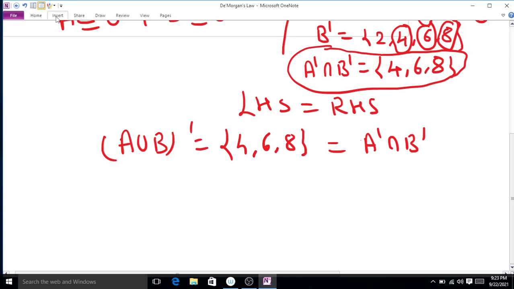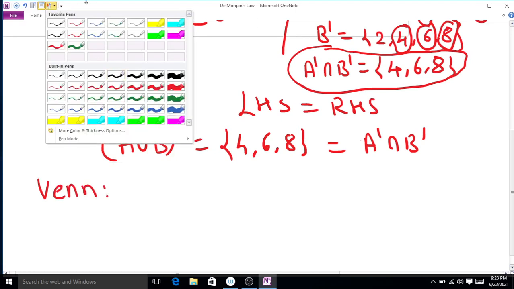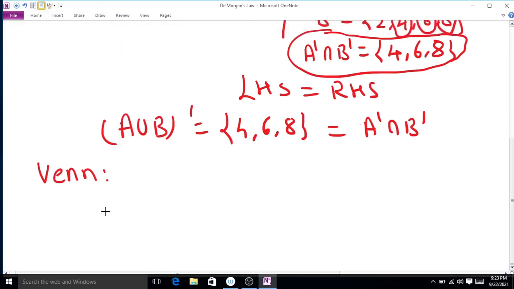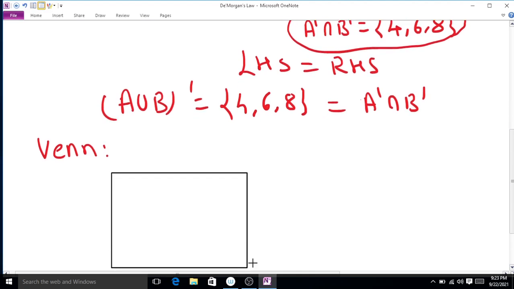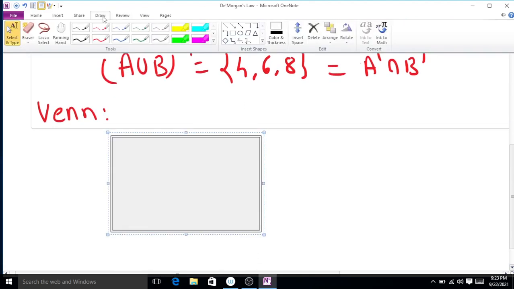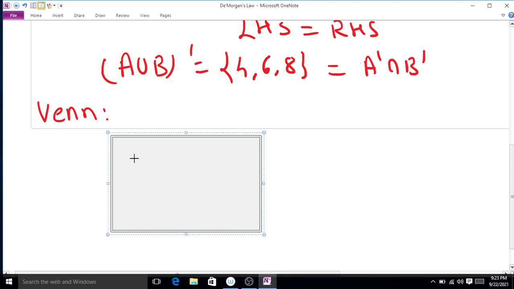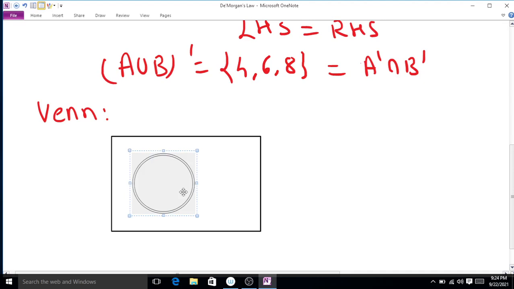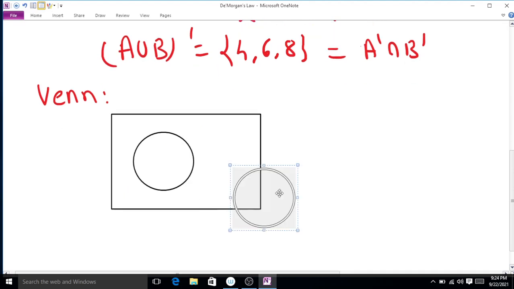Now we are going to verify this De Morgan's law by using a Venn diagram. So here, now consider set U, then set A, okay.